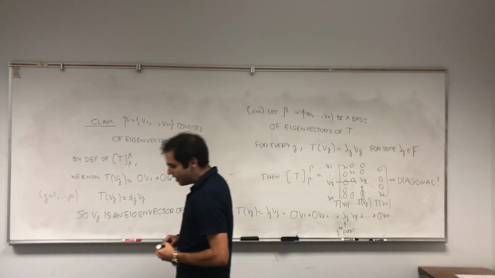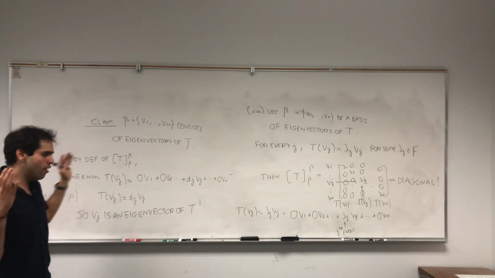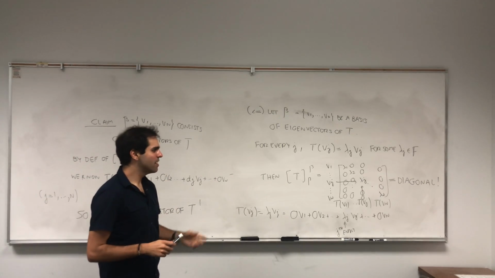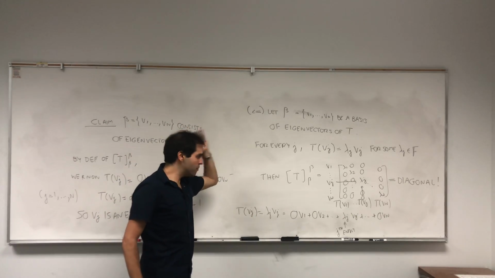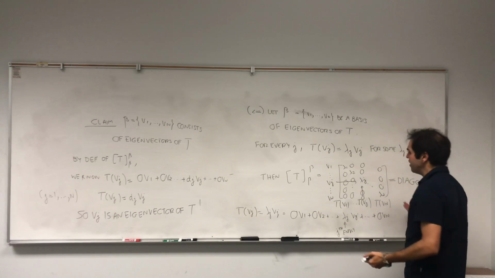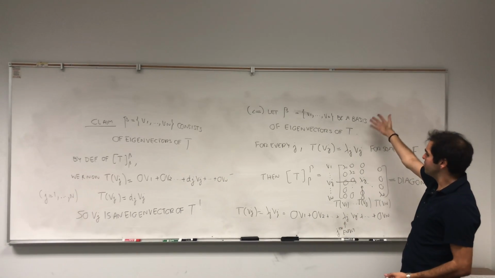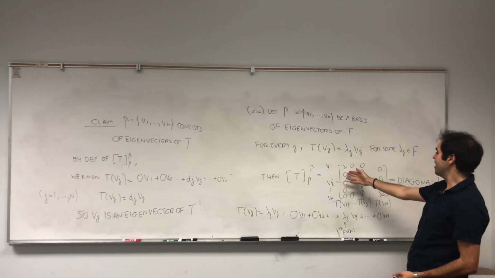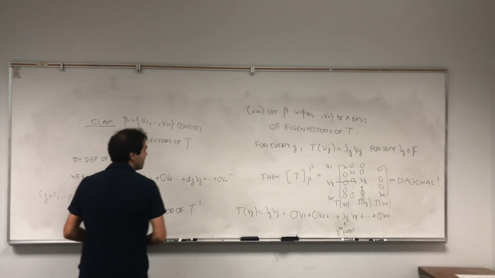So, in other words, what did I prove? I proved that, well, if there's some basis for which the matrix of T is diagonal, then basically the corresponding entries are the eigenvalues, and if you have a basis of eigenvectors, then the matrix of T with respect to that basis is diagonal, with the diagonal entries being the eigenvalues.